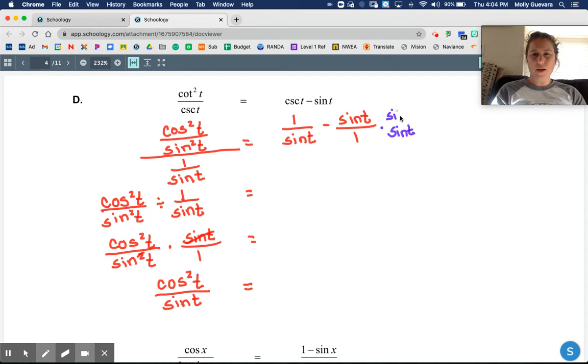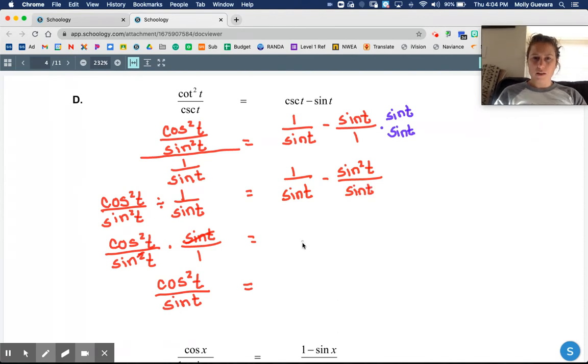So I'm going to multiply by sine of t over sine of t, which gets me 1 over sine of t minus sine squared of t over sine of t. So then when I subtract this, I get 1 minus sine squared t over sine.